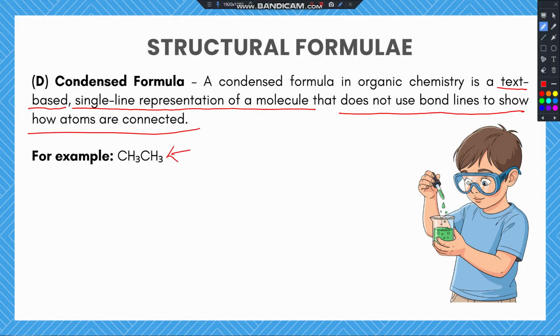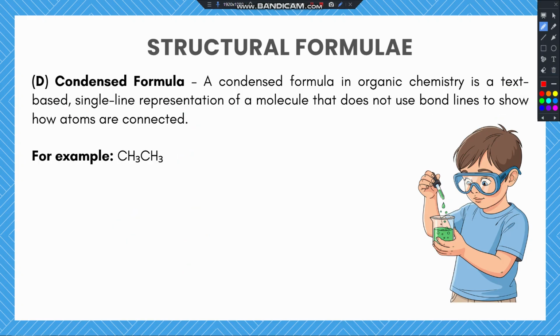Now you can see that there are no bonds that are shown. In the other example that we looked at in the previous slide, we saw carbon and we saw how the bonds were shown between all the hydrogen atoms present. But in this case, all we have is just text. You can see CH3 showing us that there is one carbon atom over here and three hydrogen atoms over here.